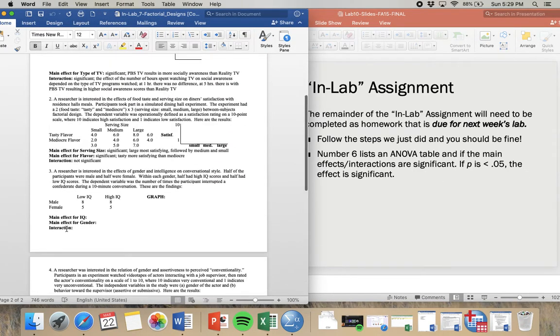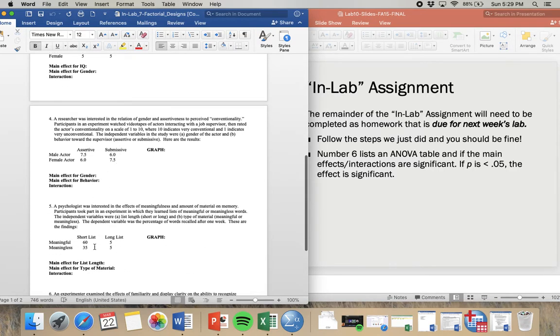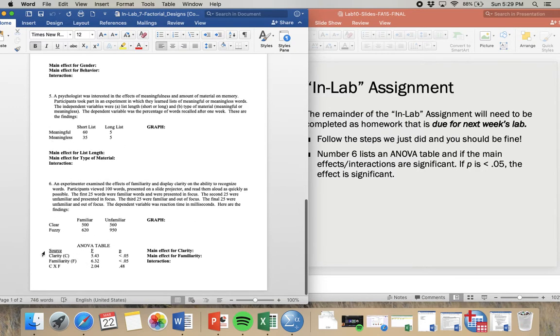For all of the other ones, you can assume that if the marginal means are different, meaning not the same, then it's significant. Number 6 is just showing you if these main effects are significant. And if it's less than 0.05, then it is, which means the effect is there.